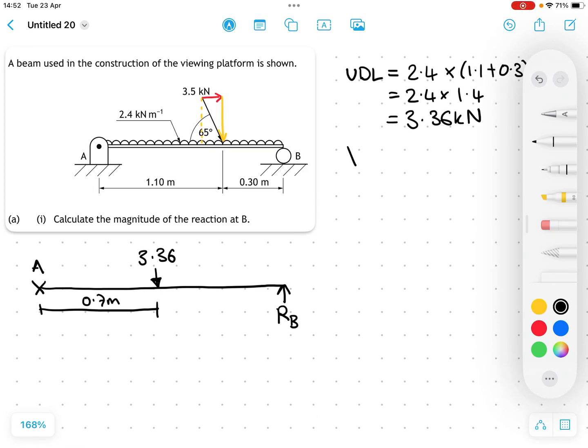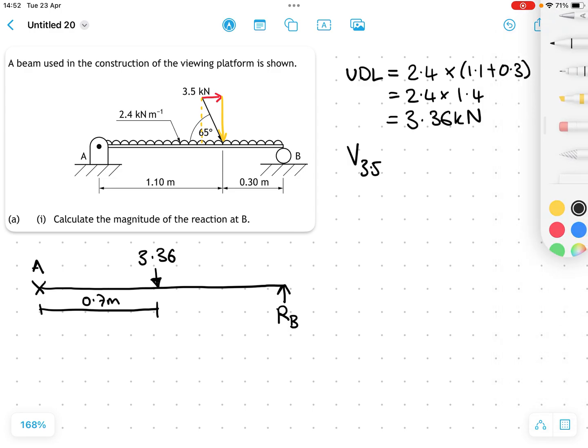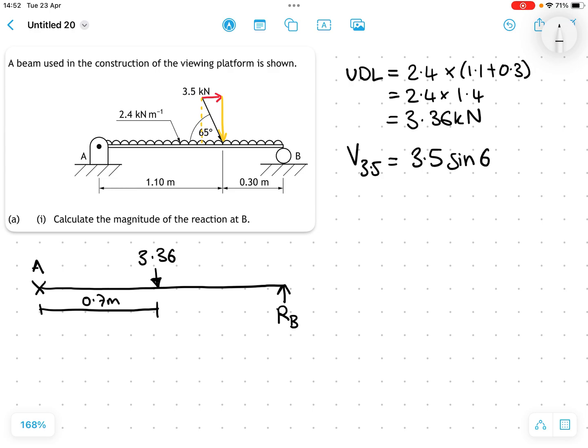What I will do now is work out the vertical component of the 3.5 kilonewton force, and using trigonometry I can see that that is going to be 3.5 sine 65, because the portion that I'm wanting is opposite the given angle, so I can use sine, and that is going to be acting at 1.1 meters from A. So I can draw that in here.